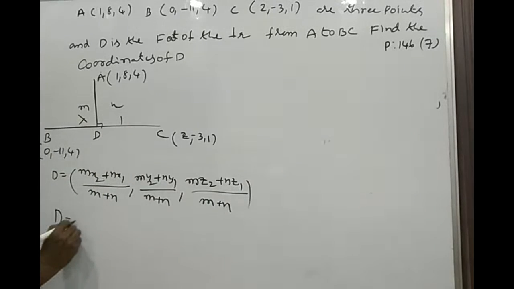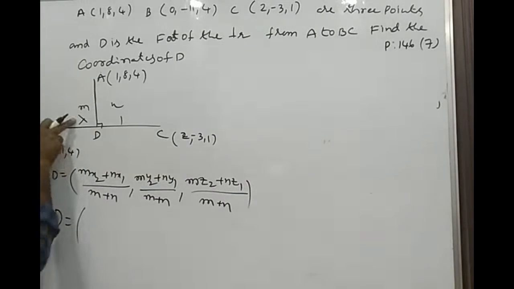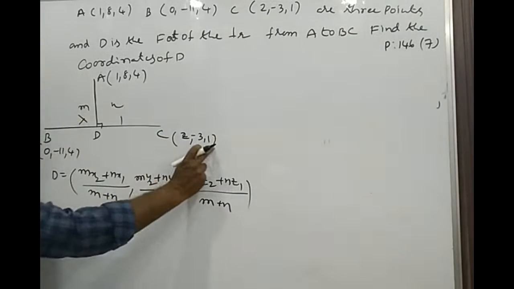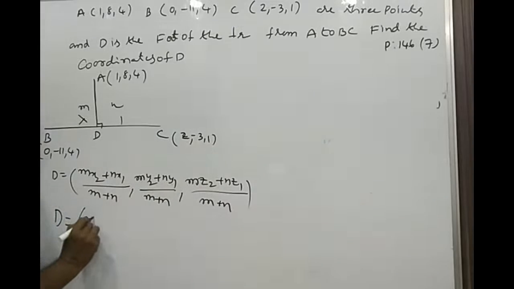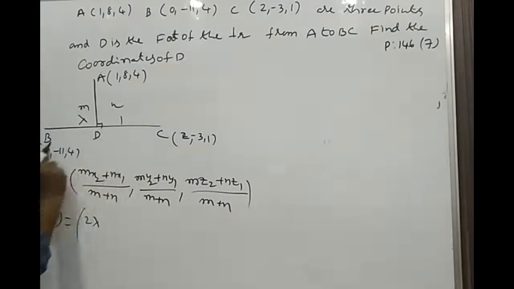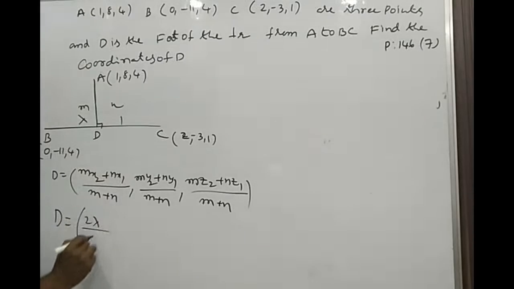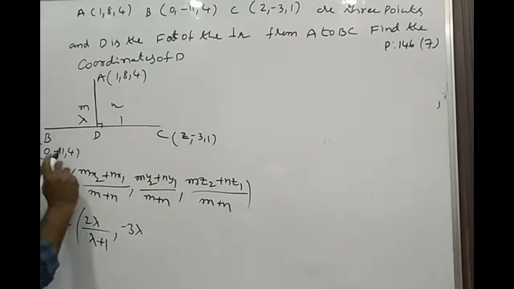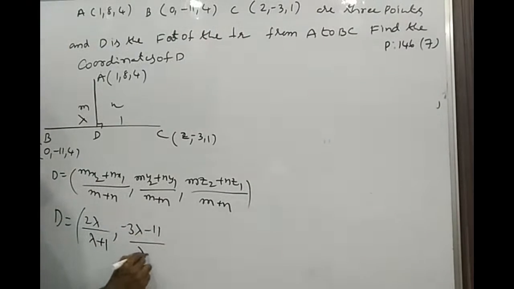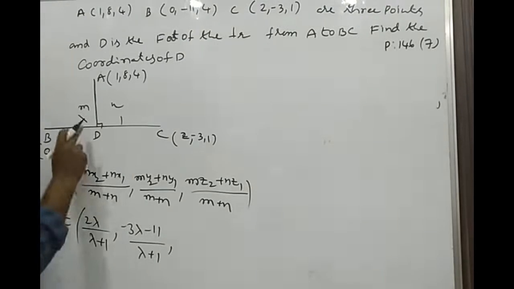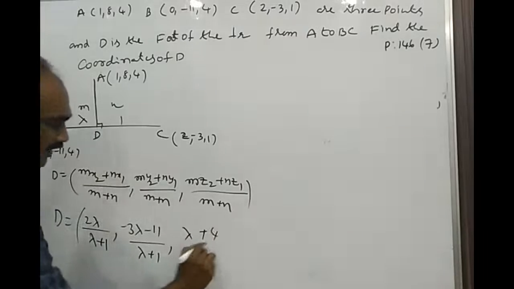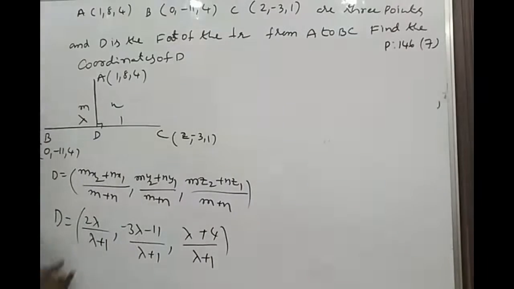Coordinates of D: x is (lambda into 2 plus 1 into 0) by (lambda plus 1); y is (lambda into minus 3 plus 1 into minus 11) by (lambda plus 1); z is (lambda into 1 plus 1 into 4) by (lambda plus 1). Friends, this is the point D.